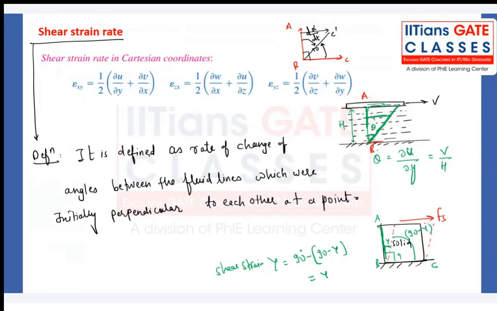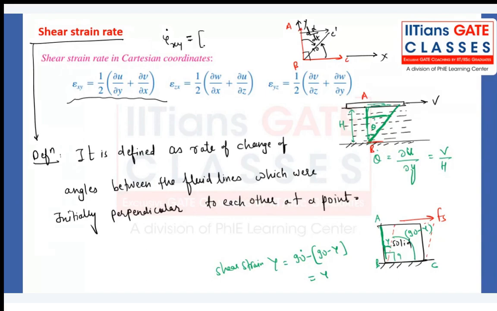So what we can write for the strain rate in the xy plane? Gamma xy is equal to, see guys, I can directly give the proof, but my intention is to tell you whether you are understanding about the topic or not, whether you are feeling about the topic or not. So now the shear strain rate in the xy plane will be what?